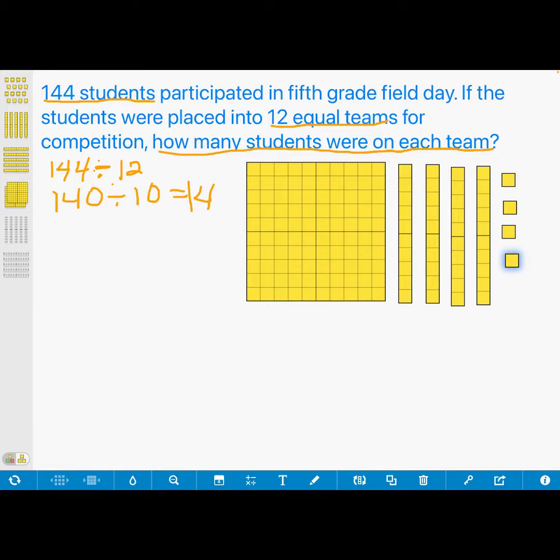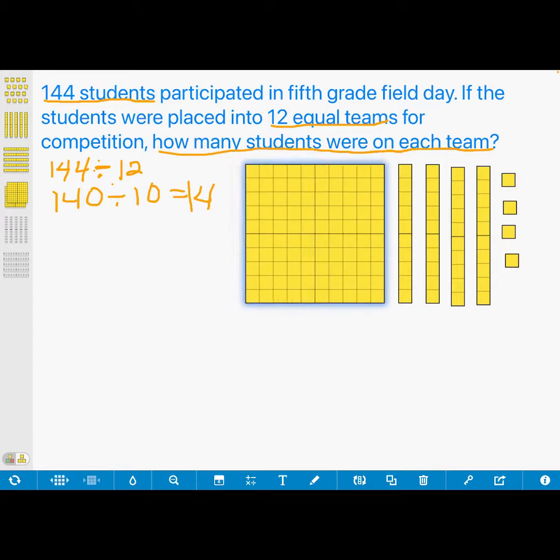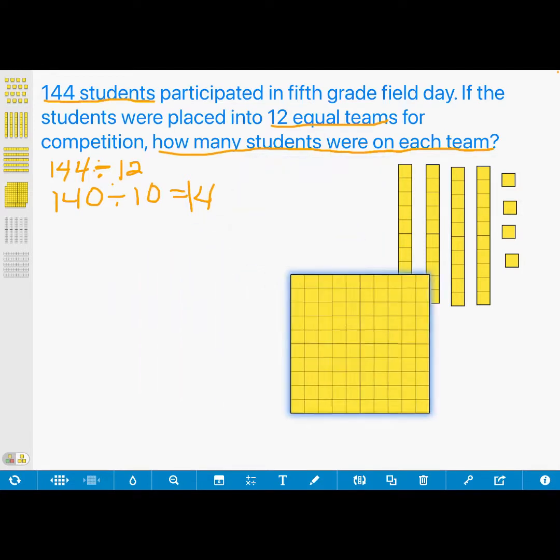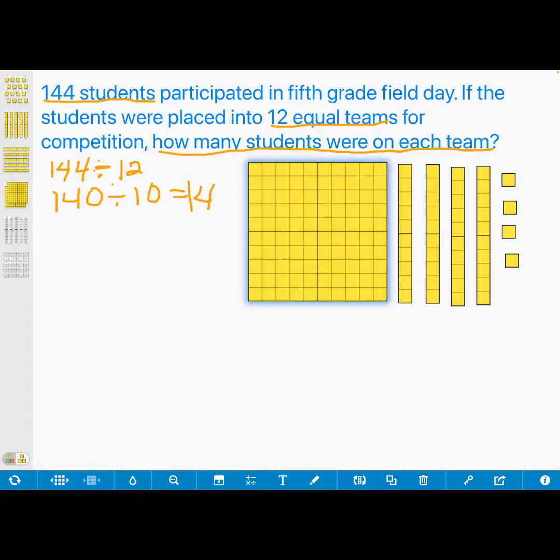I know that I need to create 12 equal teams. So I know that if I have one flat, I am not able to make 12 groups with a flat in each group. So what I'm going to do is decompose my 100.